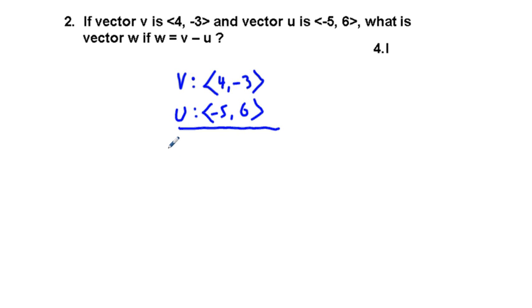Vector w is the subtraction of these two vectors. So we have 4 minus -5, which is 9, and then -3 minus 6, which is -9. This will be our answer.